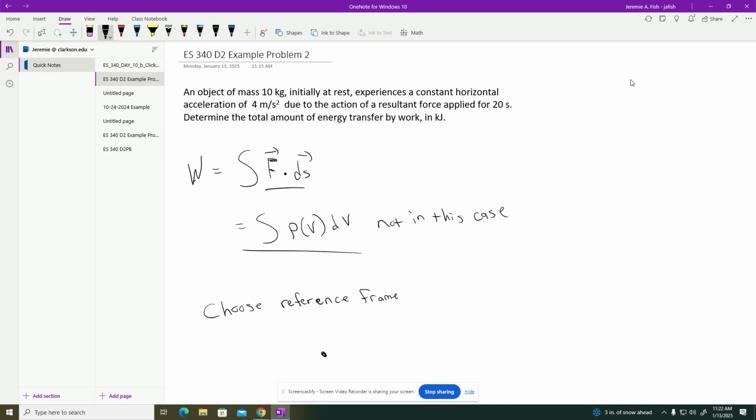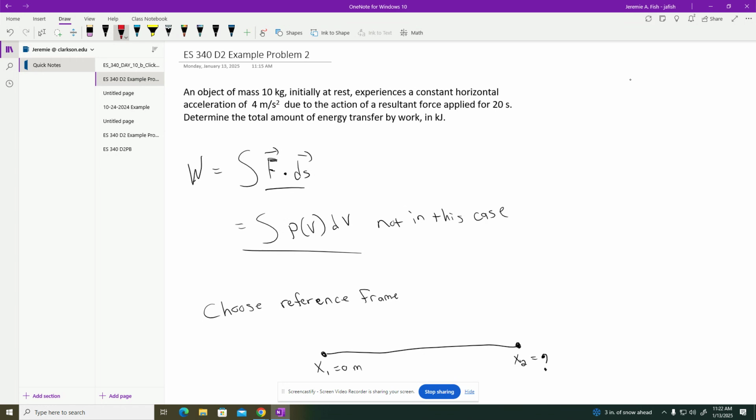So I'm going to say x1, which is x at the initial time, is going to be equal to 0 meters. That's my reference frame. And since this is only acting in the horizontal direction, I'm going to have some x2 here. At the moment, I don't know what that is, but we'll use some facts to get x2.